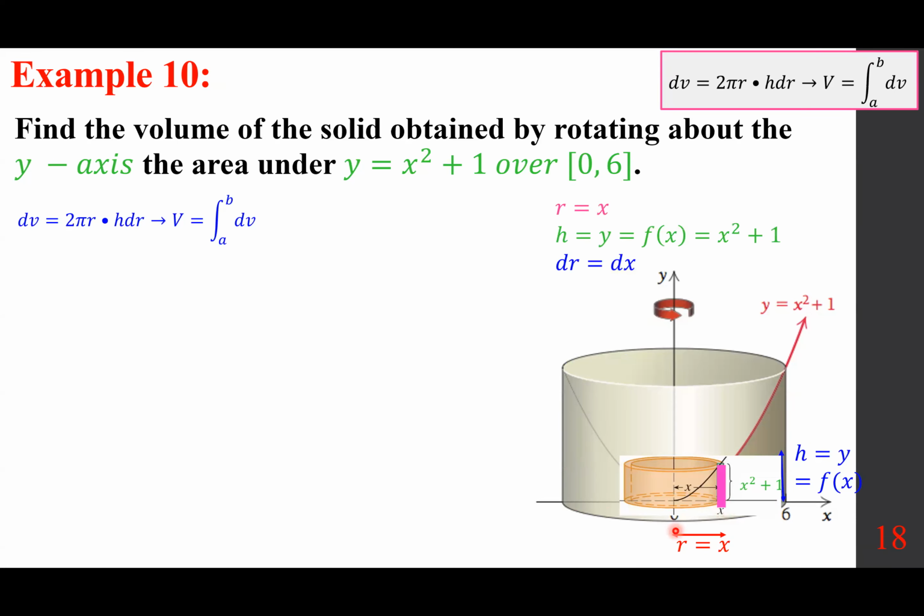So we write R is x, h is y or f of x, which is x squared plus 1. dr is dx. I'm looking at 2 pi r h dr. So I got the r, I got the h, and I got dr to be dx. If we plug in, we get 2 pi, r is x, h is x squared plus 1, dr is dx.